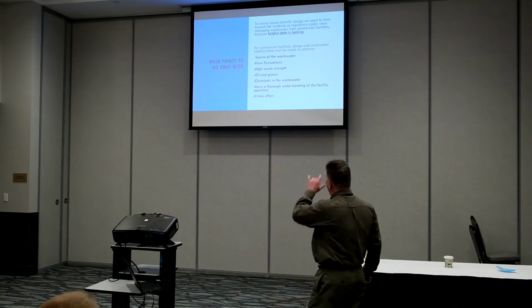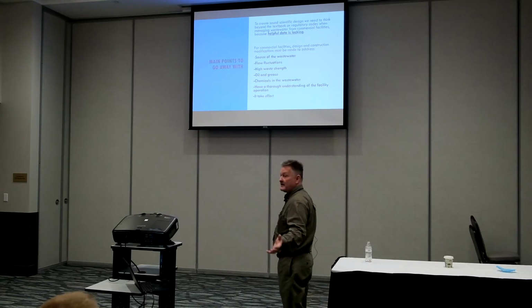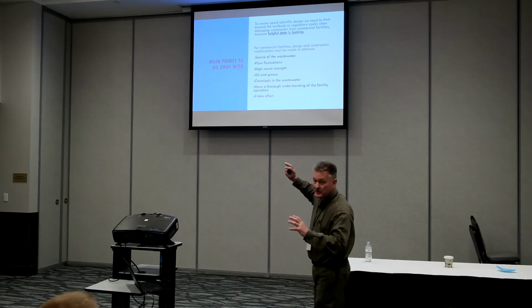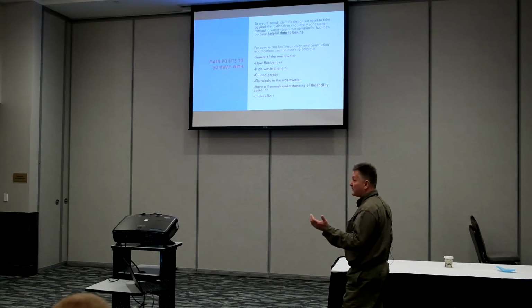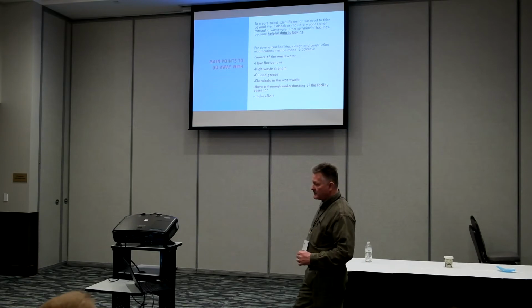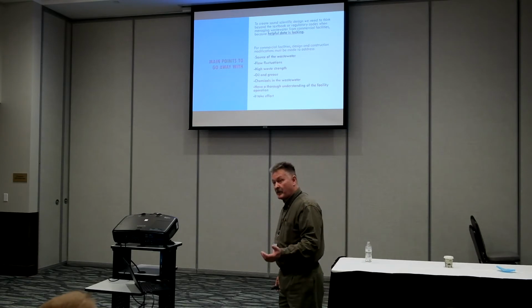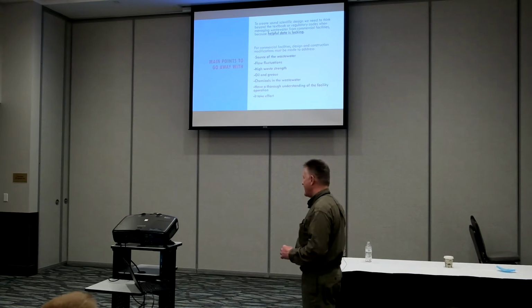And so what we're going to be talking about, what we need to consider in the design, is the source of the wastewater. How many sources? What are the characteristics of those sources coming from a facility? The fluctuations in the flow in that facility, high strength waste, oil and grease, chemicals in the wastewater, and having a thorough understanding of the operation within that facility, what's going on.